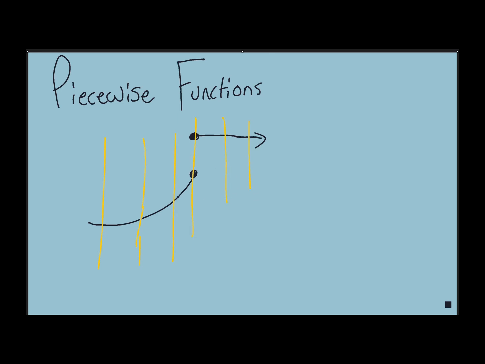And the rule is the vertical line test says you should only cross, I'll use red, should only cross your function one time. And notice here, this crosses twice because these are both closed holes. That means this is not a valid function. The vertical line test is the be-all, end-all of that.